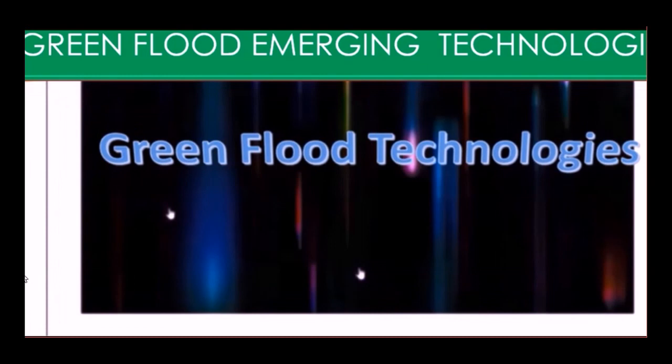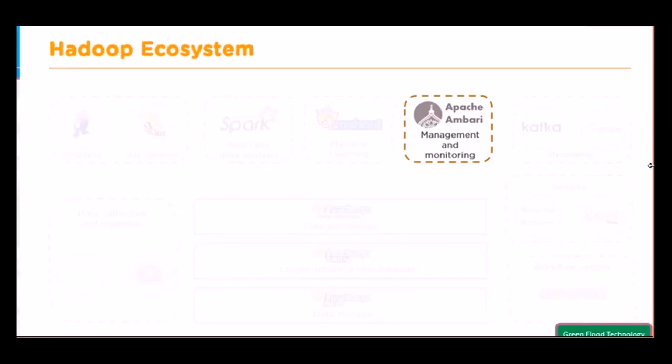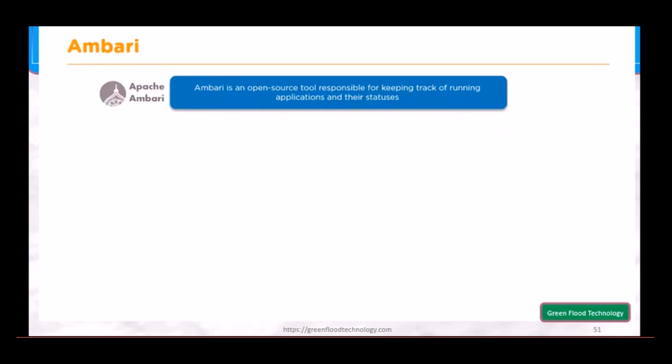Another Hadoop ecosystem component is Ambari. Apache Ambari is management and monitoring software for provisioning, managing, and monitoring Apache Hadoop clusters. Ambari is an open source tool responsible for keeping track of running applications and their status.